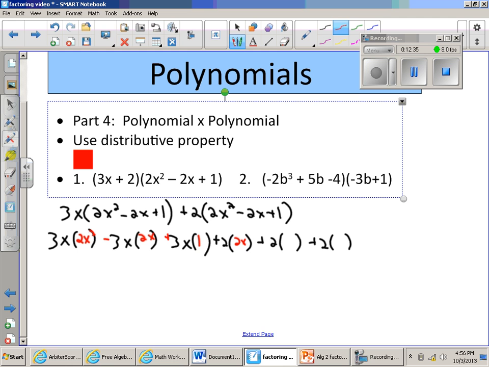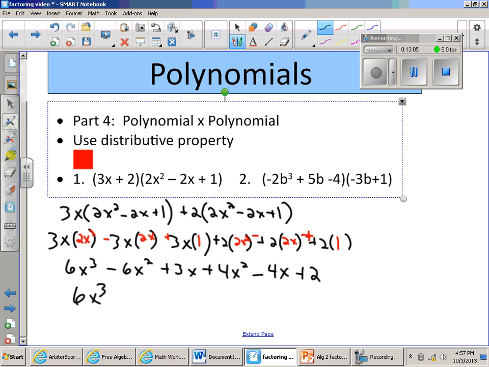x squared subtract 2x plus 1. 6x cubed minus 6x squared plus 3x, 4x squared, plus and a minus is a minus, 4x plus 2. Now we need to combine like terms. Remember to write in descending order.